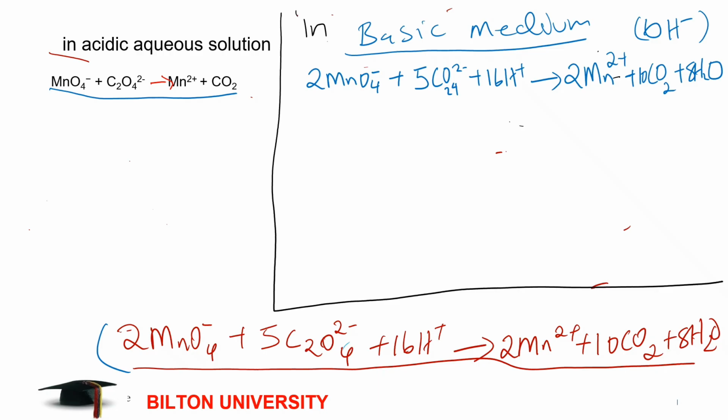So in your acidic media, I've written this equation here. It's just this equation from the acidic media. In the acidic media, we have 16 protons. So we are going to add 16 OH- to balance these protons.